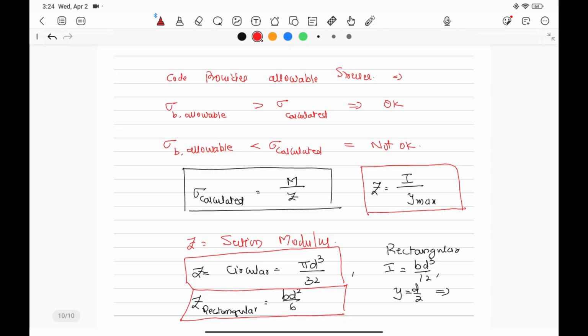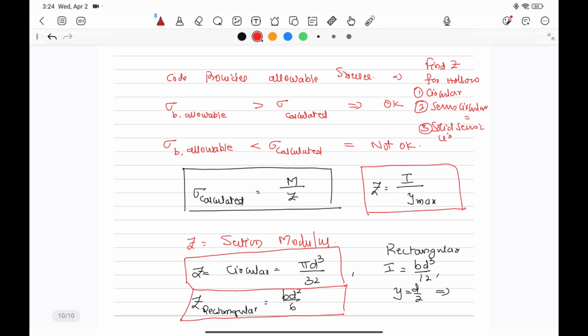As a homework, find Z for hollow circular, solid semicircular.